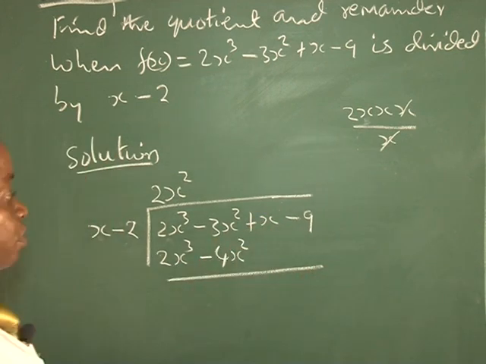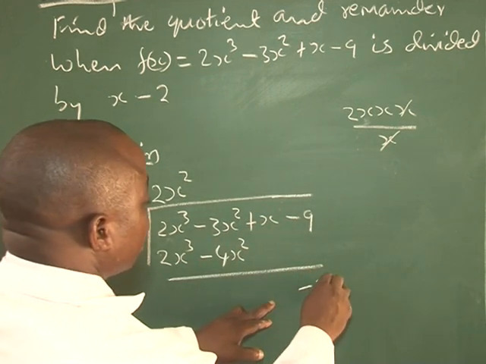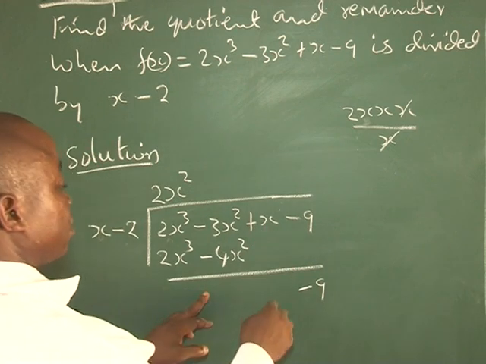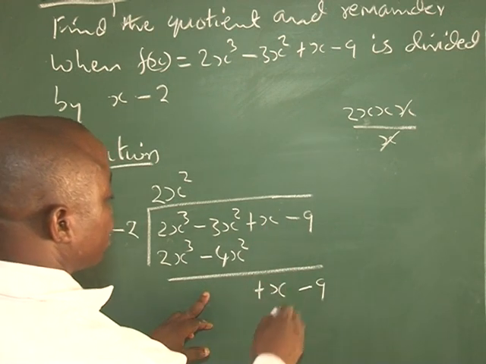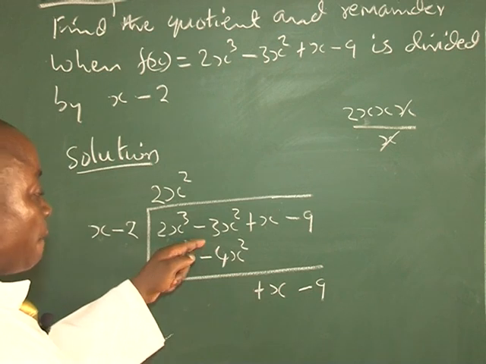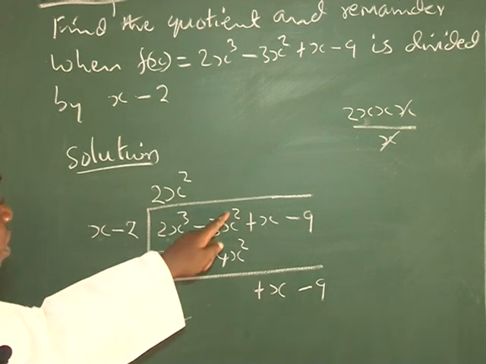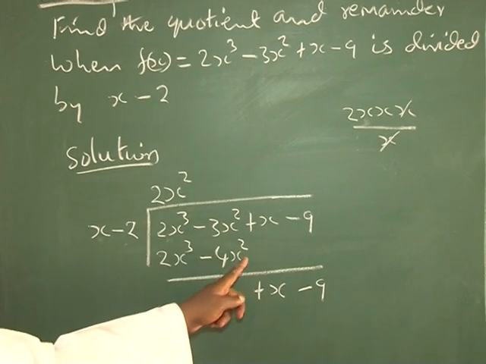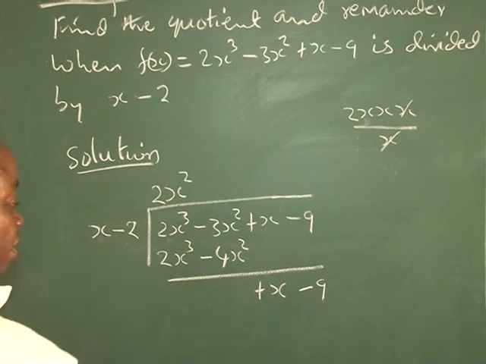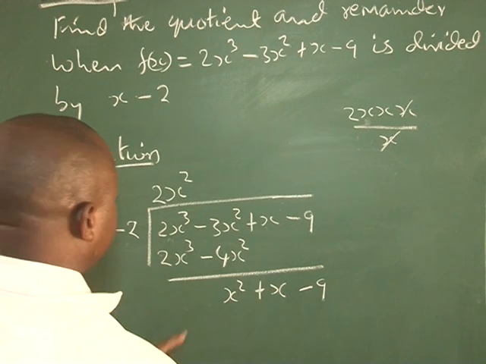Now we are going to subtract. If you subtract, you have minus 9. X minus 0 still gives you x. Now minus 3x squared minus minus 2x squared, so minus becomes plus. And what remains here is minus x squared.